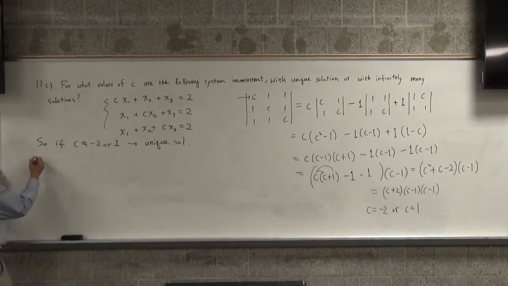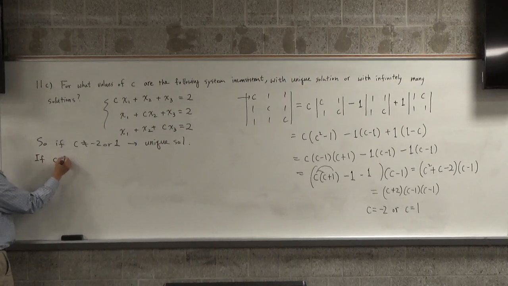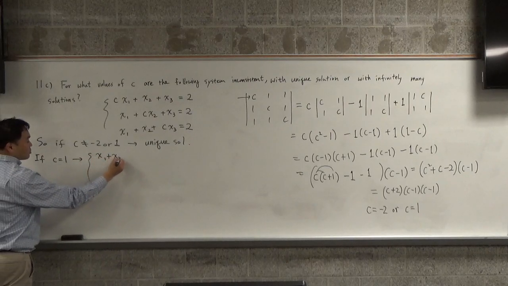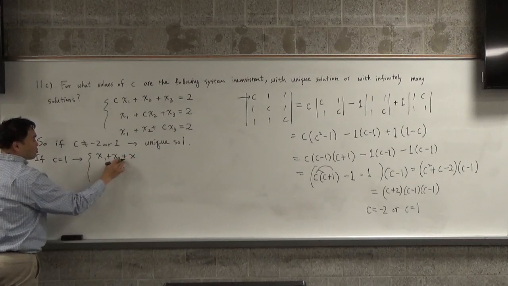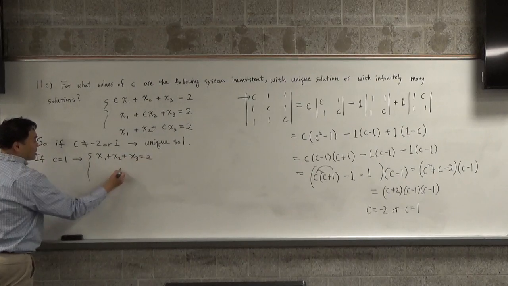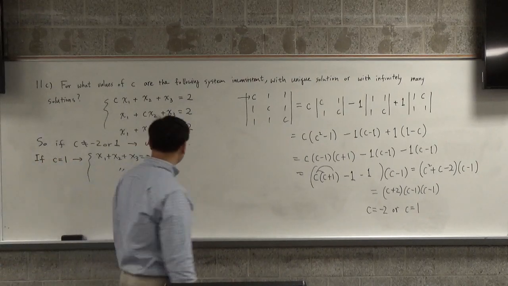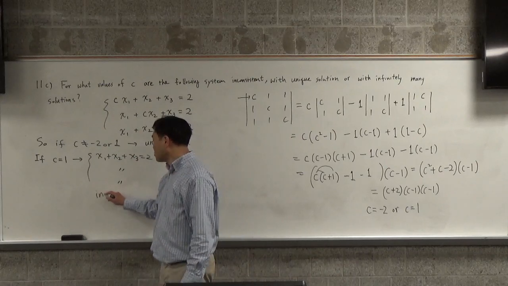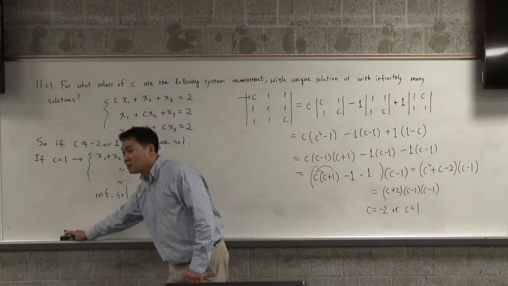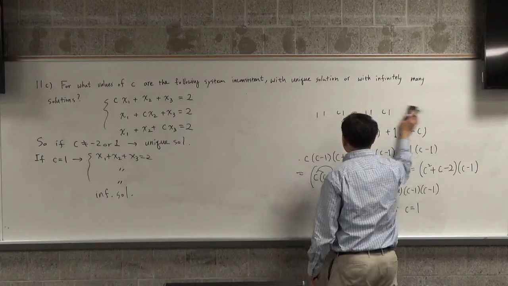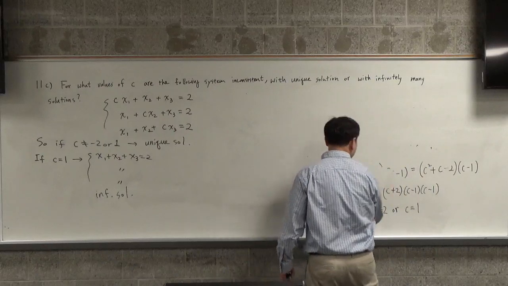On the other hand, if C is 1, then as I said before, you get x1 plus x2 plus x3 equals 2, repeated 3 times. In that case, if you have the same equation repeated many times, you have infinitely many solutions. And then the only last remaining part will be C equals to negative 2.